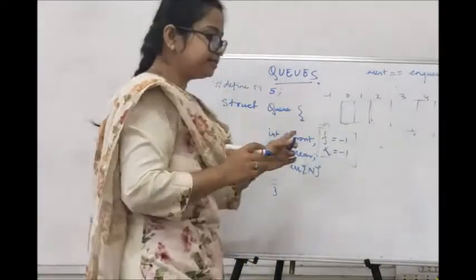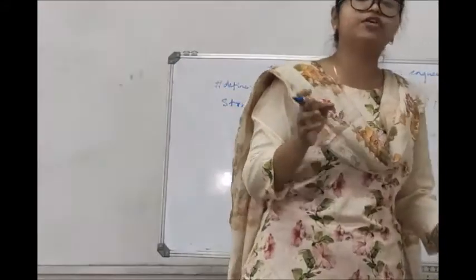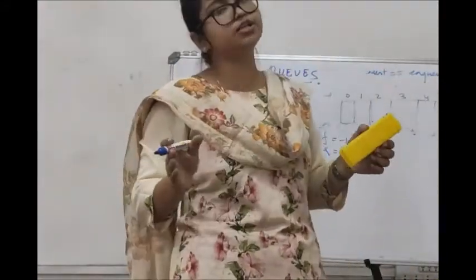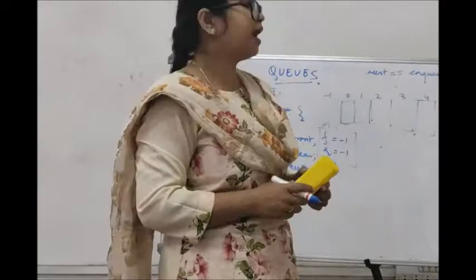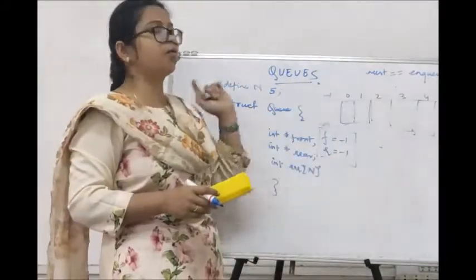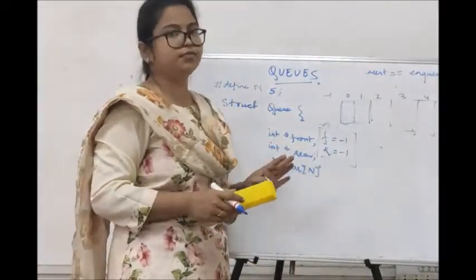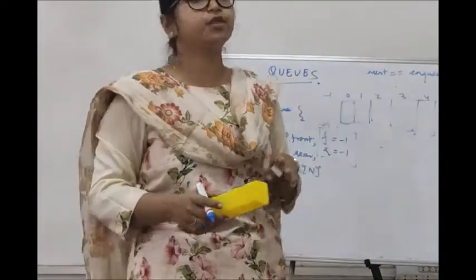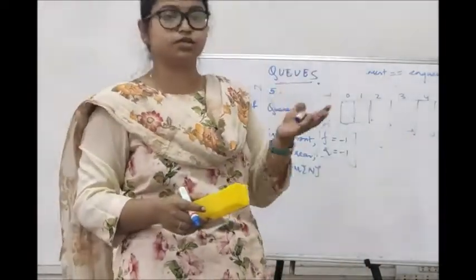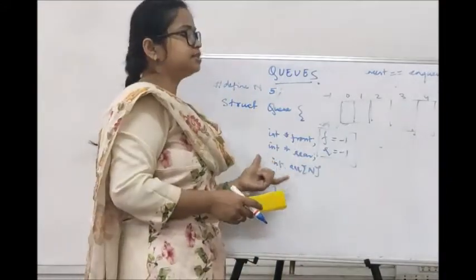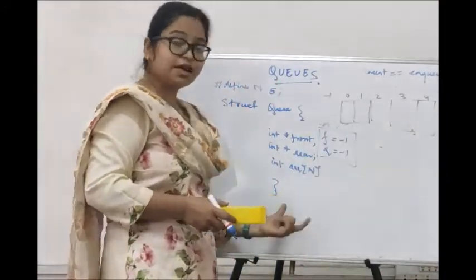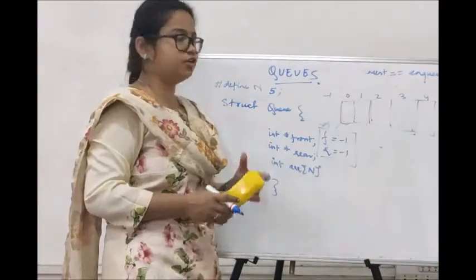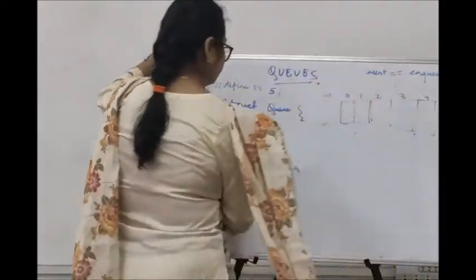So let's initialize Q, and we will define the NQ operation and DQ operation as well, and then analyze what is the problem with normal Q and why we choose to use circular Q. We'll understand further what is circular Q, but first let us initialize the Q and see the NQ and DQ operations.